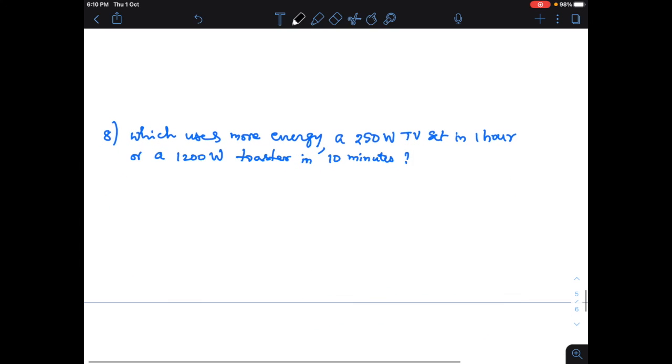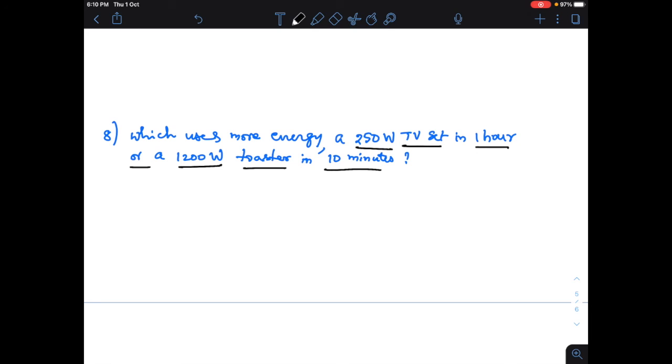And the final one. Which one uses more energy? A 250 watt TV set in 1 hour or a 1200 watt toaster in 10 minutes. So, we are using these two appliances, and we have to calculate which one uses more energy.